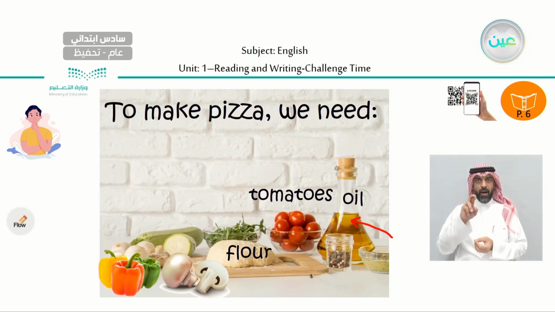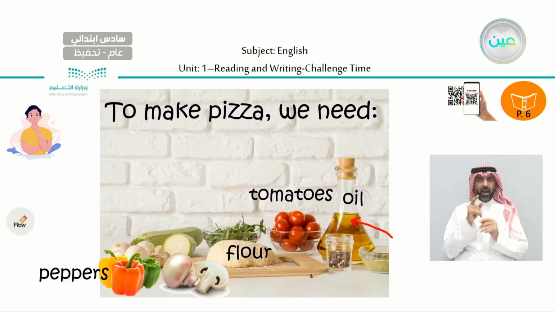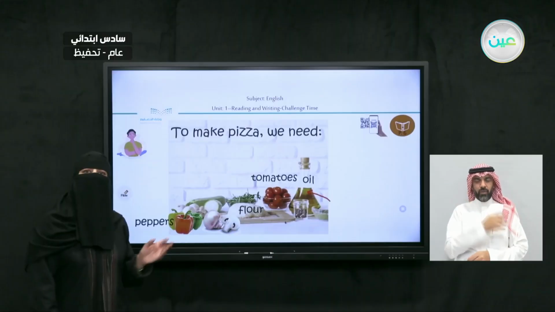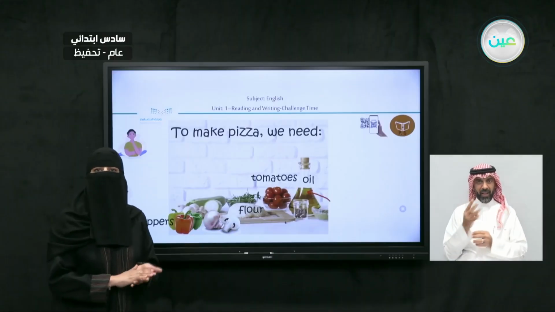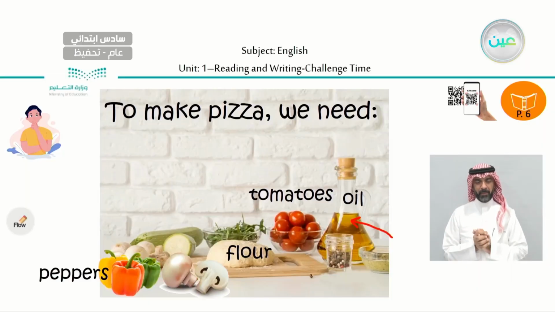That's good. Okay, and also we need peppers. Okay, we need peppers. Repeat after me, please. Peppers. Very good. Okay, look at the peppers here. What is the color of the peppers here? Yes, we have 3 colors. That's right. Green, red, and yellow.